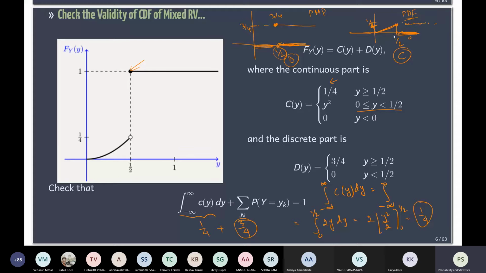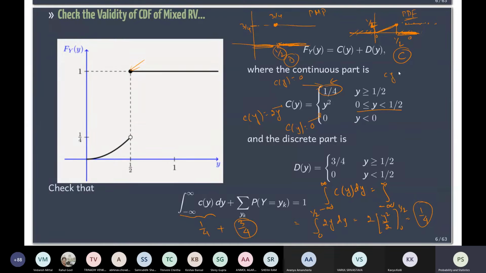And in the continuous case also, I did integration from 0 to half only, because otherwise the values that the PDF takes are 0. If I differentiate this beyond this, then small c of y will be 0, and here also small c of y will be 0. And in this case, the c of y will be 2y.